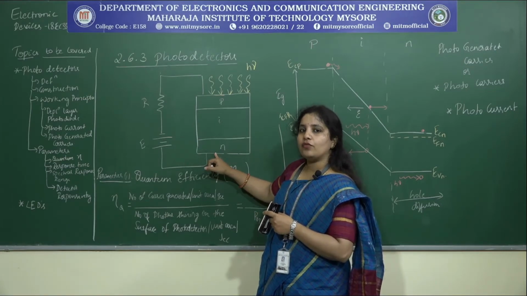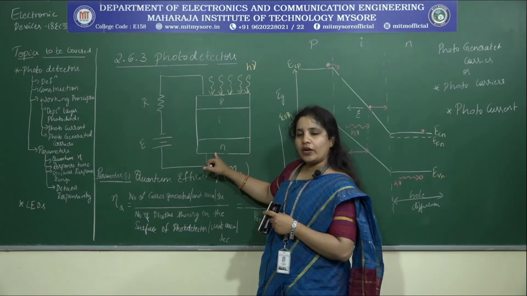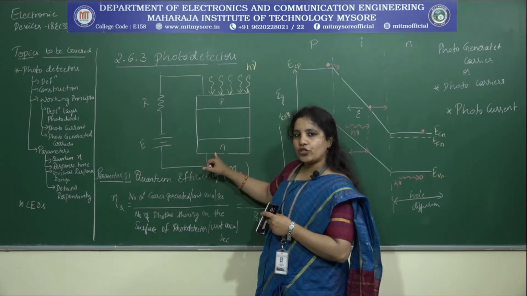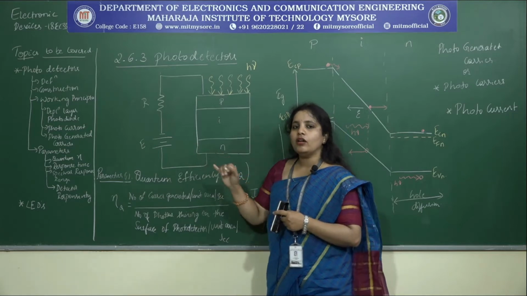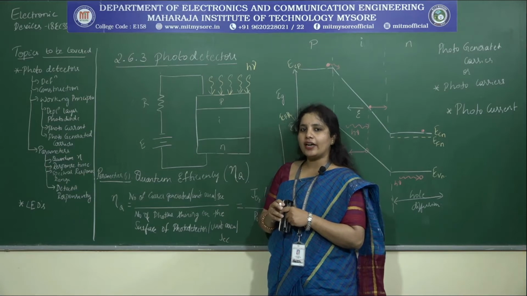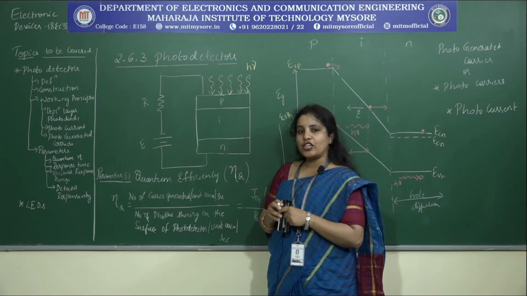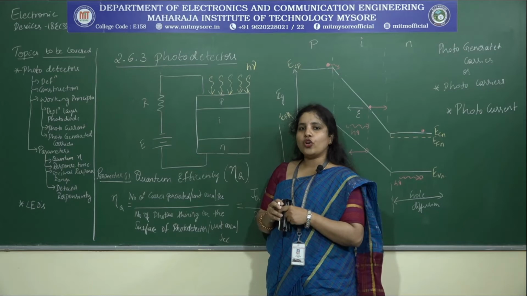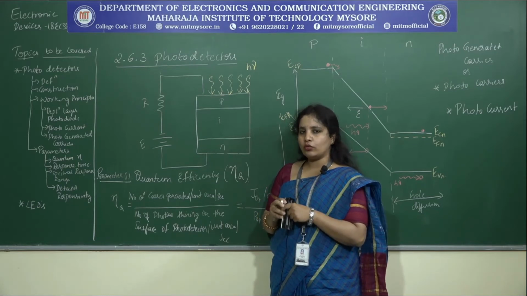No, it is very difficult for pin photodiodes to detect light of low intensity. So, to make sure that it also detects light of low intensity, we come across a second, special kind of photodiode, called avalanche photodiodes.